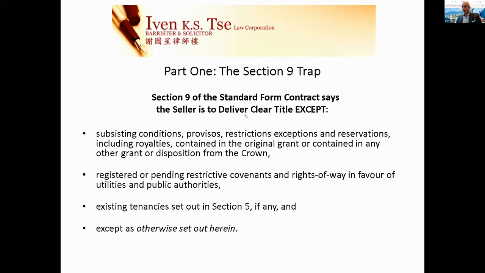Existing tenancies are set out in Section 5, if any. Regarding tenancies, there are commercial lots, especially when there are registered leases on title. And then the last part, except as otherwise set out herein, which means that if there's something else that's supposed to remain, I'll write it down.